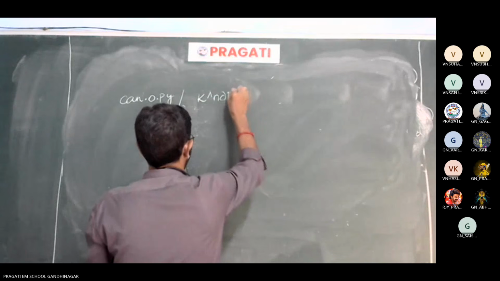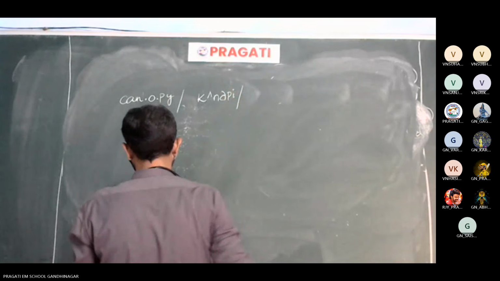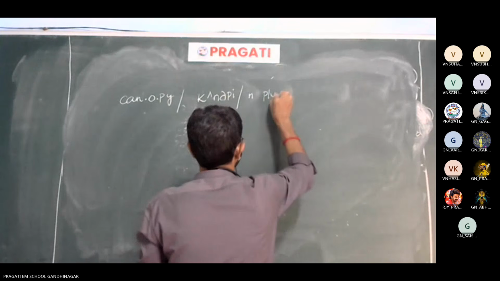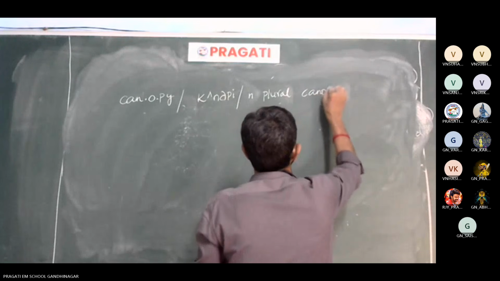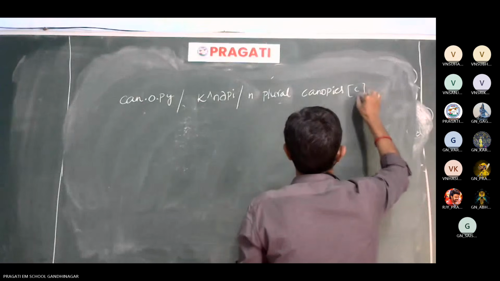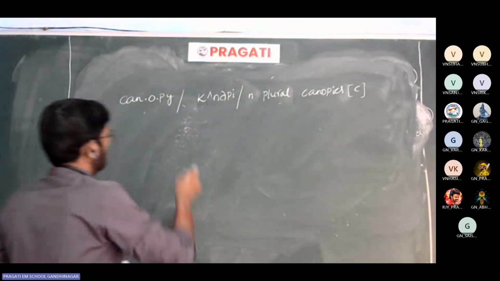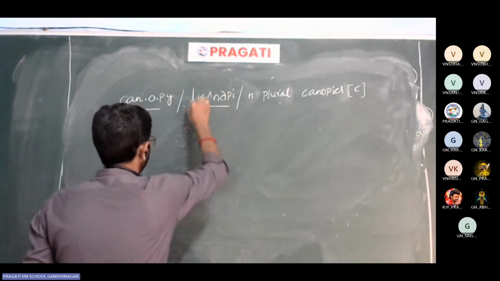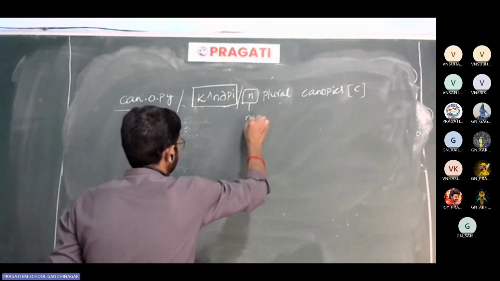Canopy, okay. So if you have a look at this word, canopy, the word is given, phonetic transcription is given, and here you have a symbol N, which means it is a noun.